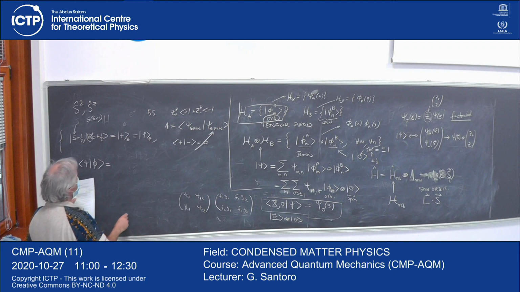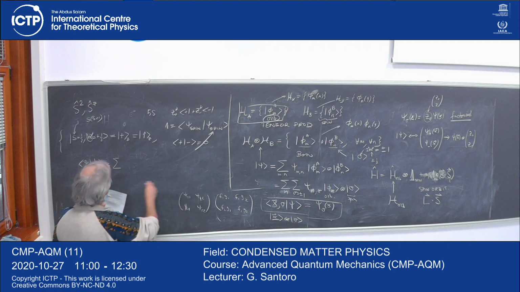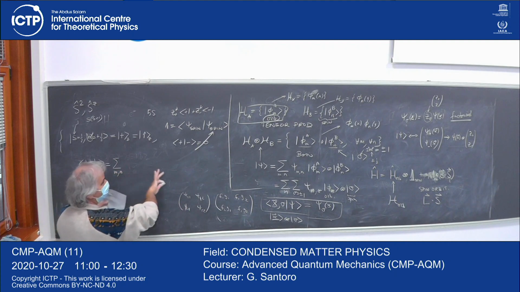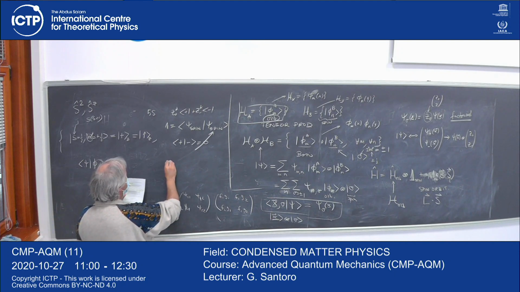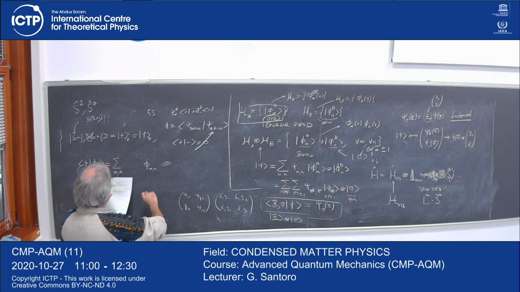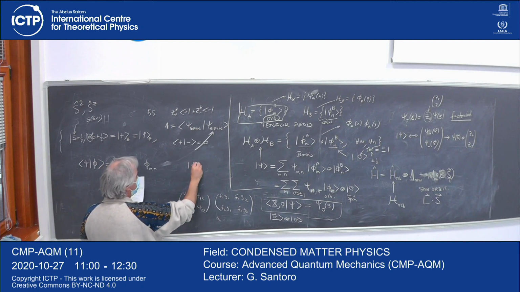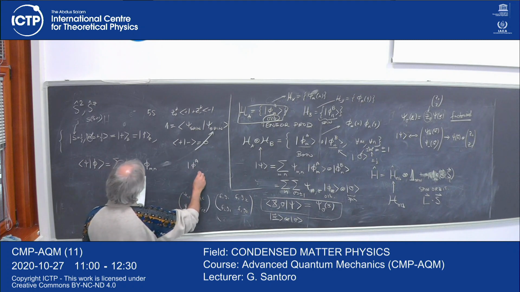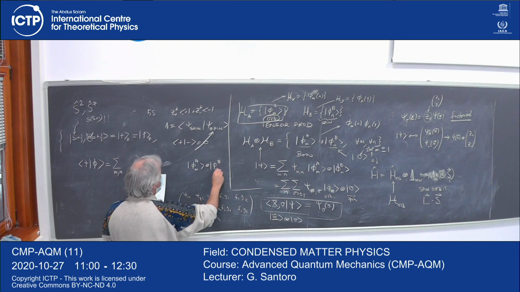So this is equal to a sum over m and n coming from this object here, which involves phi, m and n, and then I have the phi a, m times the phi b, n.